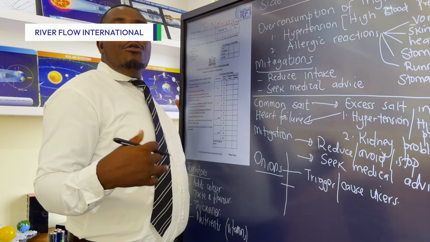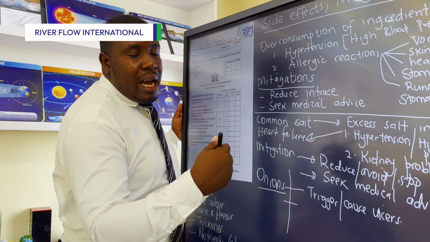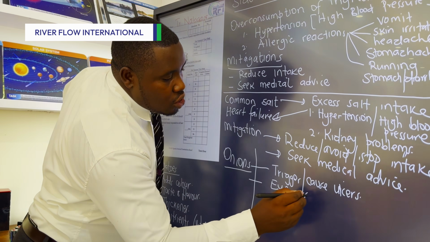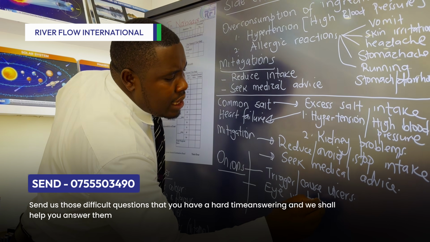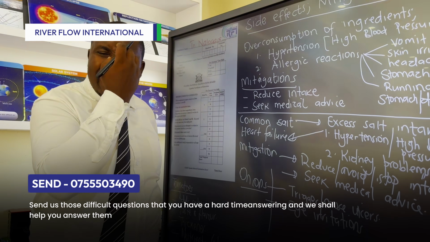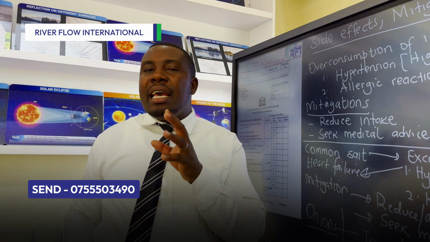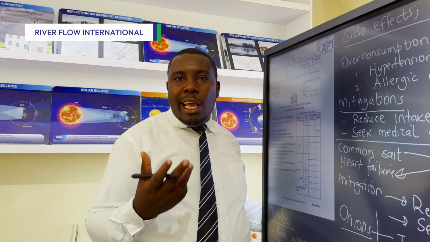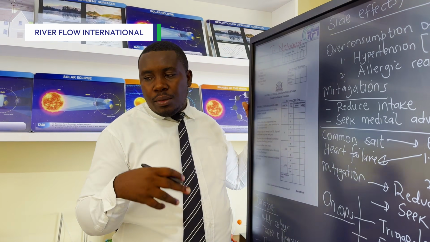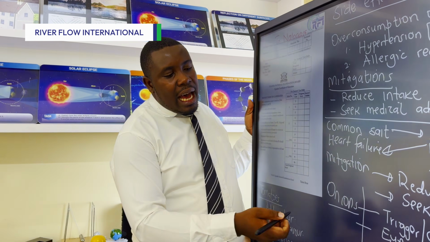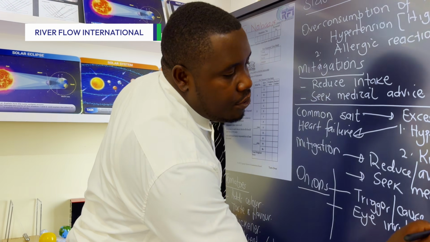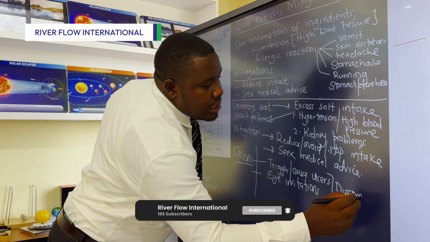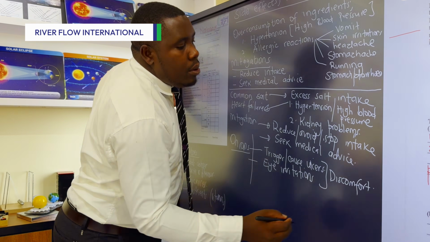Number two, if you take them in excess, they can bring eye irritations. You find that all the time your eyes are irritating. That could be one of the effects of taking a lot of onions. All these effects make you uncomfortable, they cause discomfort in the whole body.